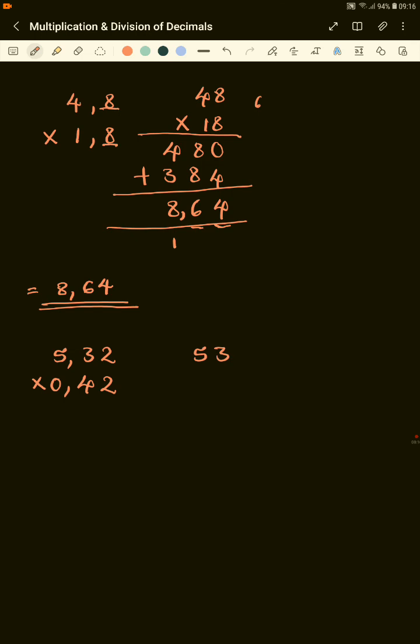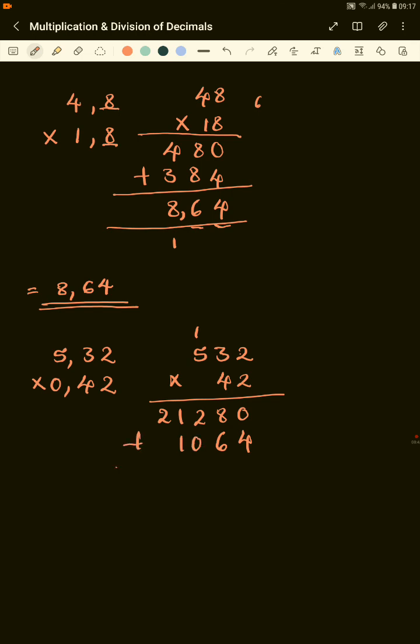We say 532 multiplied by 42, placeholder, 2 times 2, you get 4. 3 times 2, you get 6. 5 times 2, you get 10. Then 4 times 2, you get 8. 4 times 3, you get 12. Let's carry 1. 5 times 4, you get 20, plus 1, you get 21.